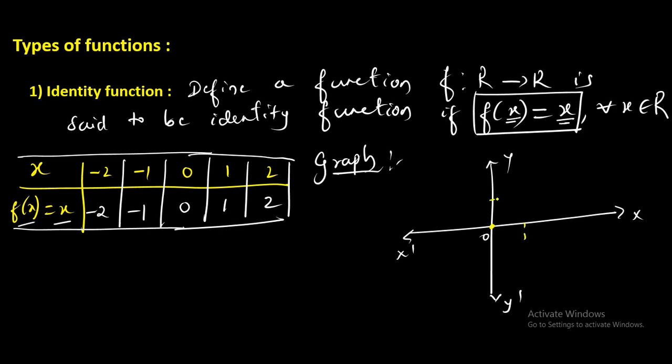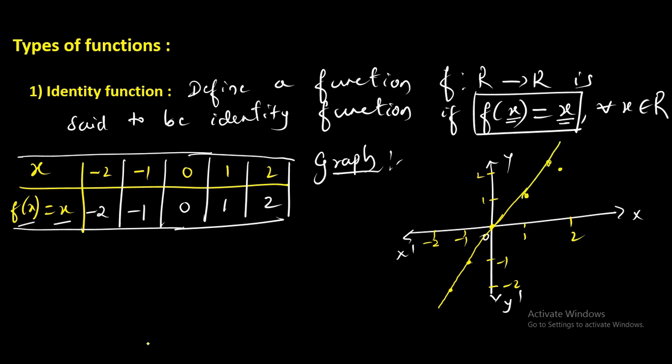For 1, y is also 1. For 2, y is also 2. So that point I am getting here. If I take x value -1, y is also -1, that is here. If I take x equal to -2, I get y also -2. So joining all these points, look at the screen, a straight line we get actually.